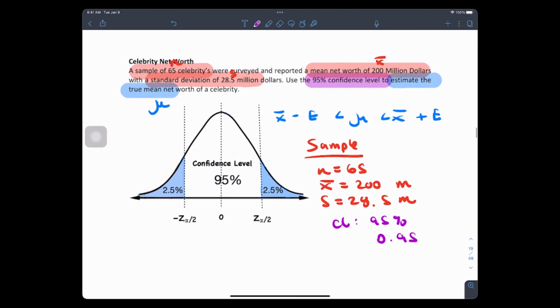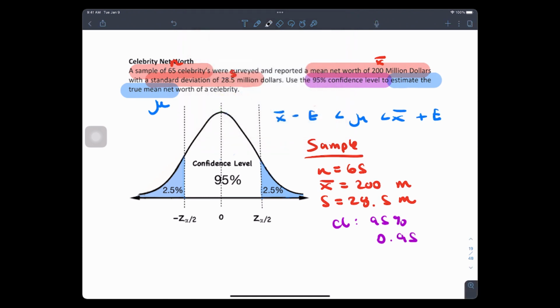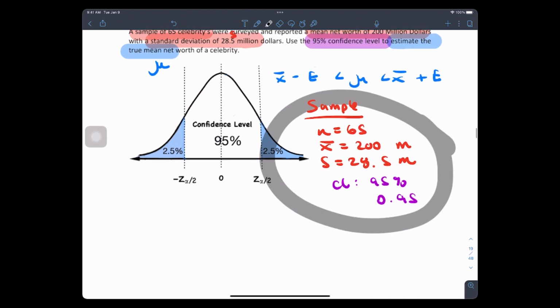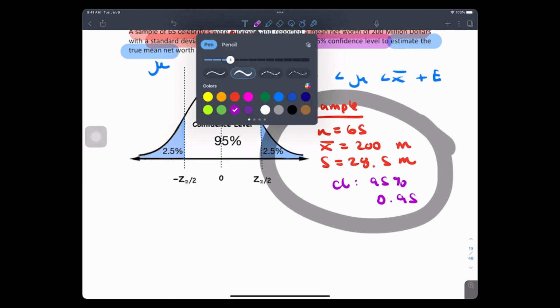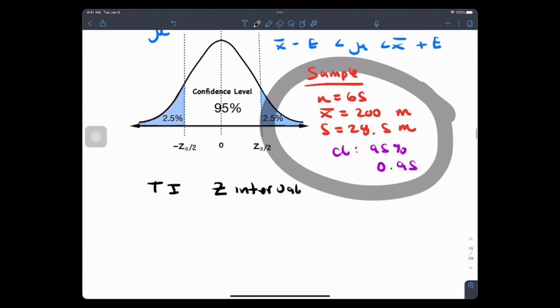Now we transition, ladies and gentlemen. We transition to the TI function. In the TI now, what do we use? Z interval.